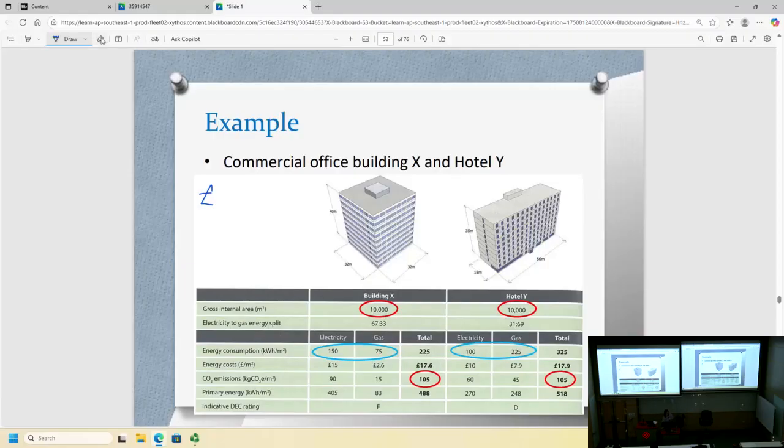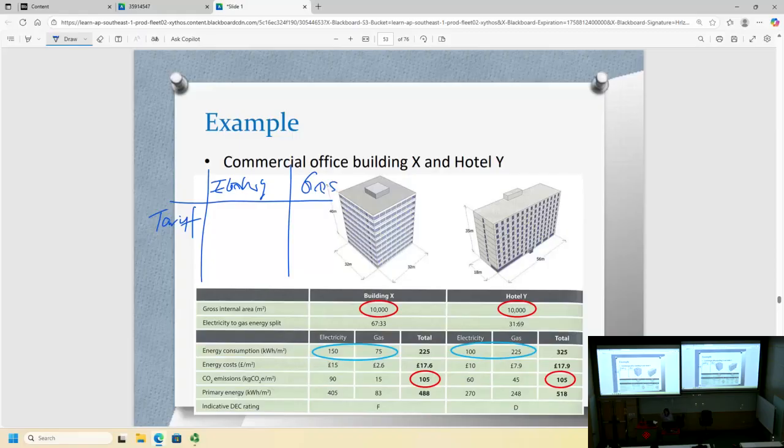maybe we can use a table to summarize. We have the electricity cost. So this is the tariff for electricity or gas. This one for electricity, and then for gas.